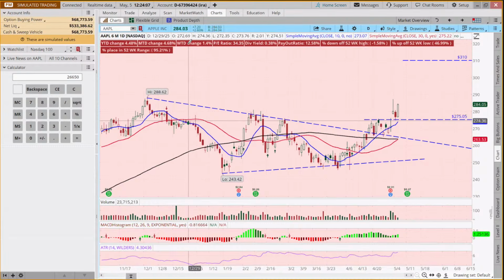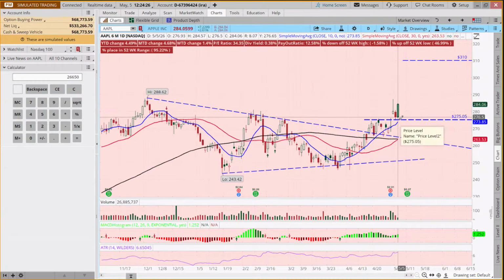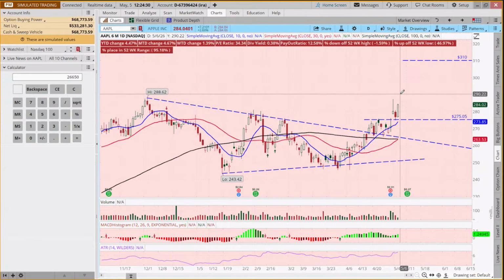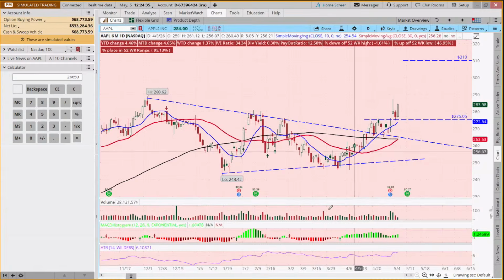Now, do you have to buy 100 shares? No, you could buy 50. You could buy 1 share. But if we wanted to do this based on this breakout of a pennant that came back to retest and moved to the upside, the advantage of doing 100 shares is that it gives you the right to do a collar position, where you're selling a covered call and buying a protective put.